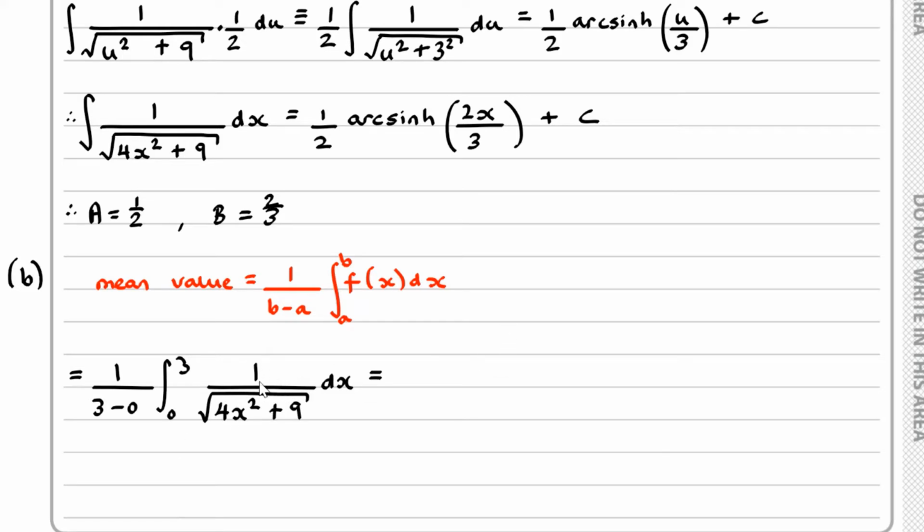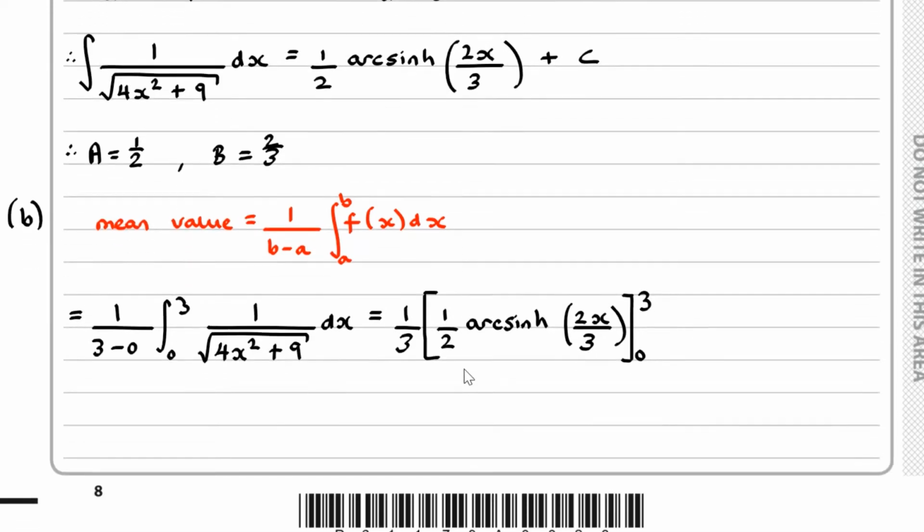And we've already found out what this integral was, so we have 1/3 lots of 1/2 times the inverse of the hyperbolic sine of 2x over 3. Okay, let's just close this bracket off, between 0 and 3. Okay?